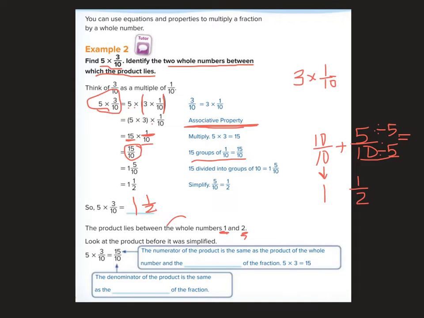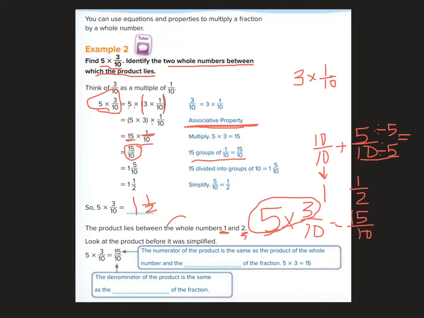So let's look at the product before it was simplified. 5 times 3/10 equals 15/10. And notice this too. Notice what I did was I did 5 times 3 to get 15 over 10. Notice my denominator is not changing. Let's make sure we're always being aware of that.